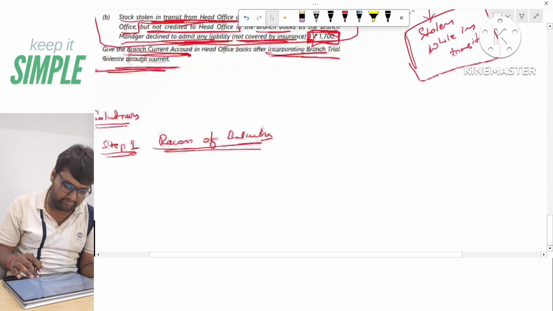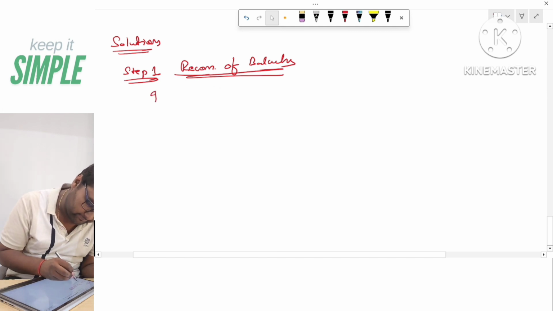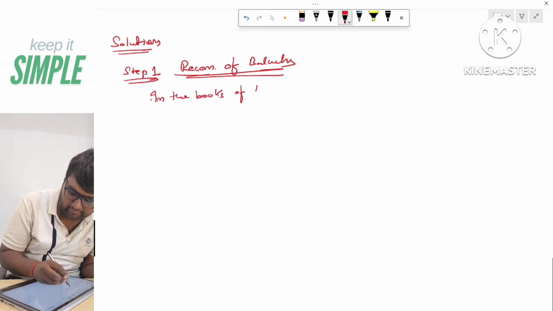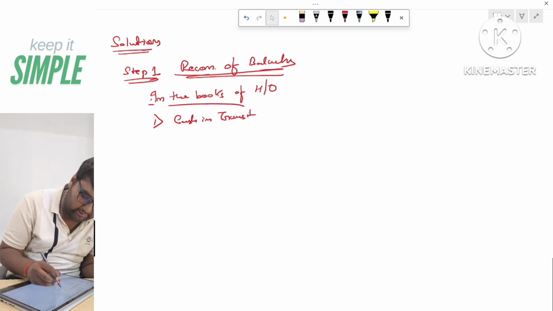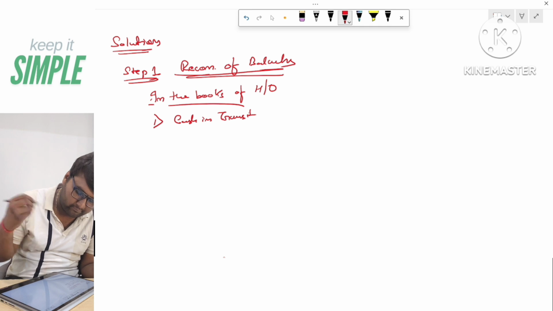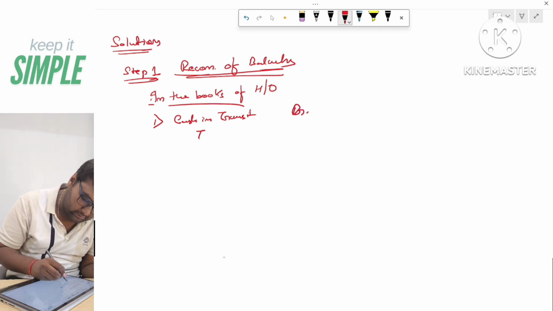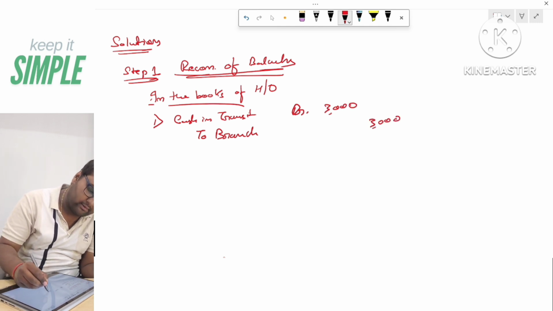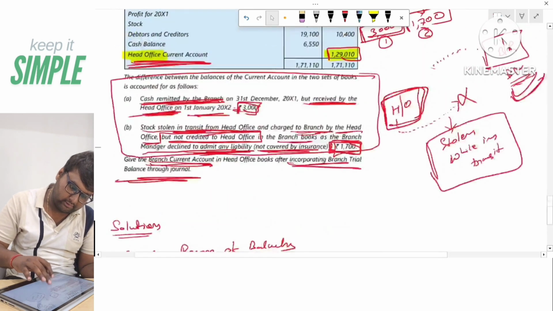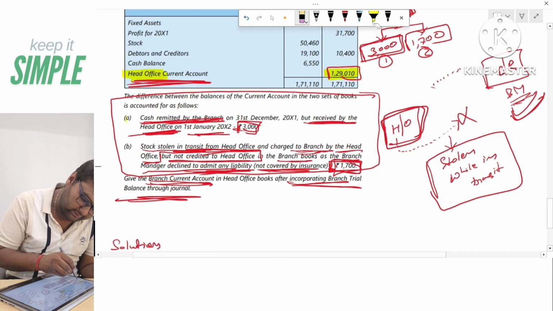So now we will pass the entry in the books of head office. In the books of head office, cash in transit debit to branch, 3,000. So we have done the adjustment for this particular thing.